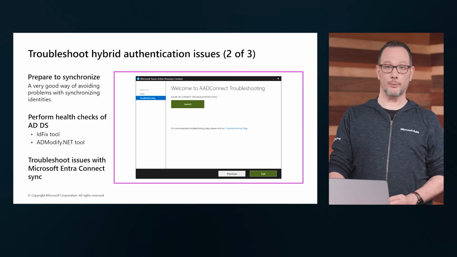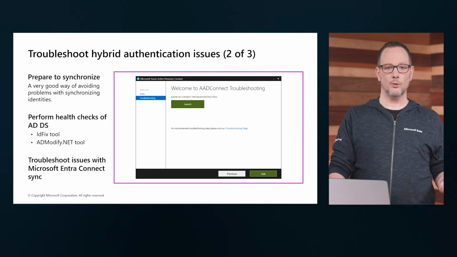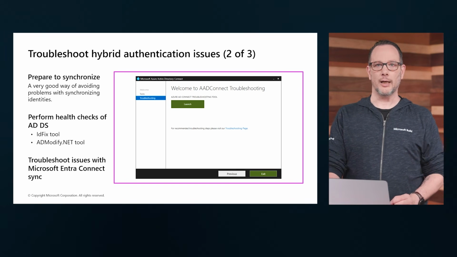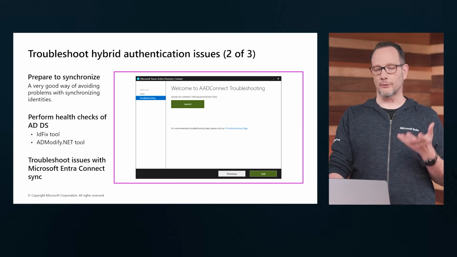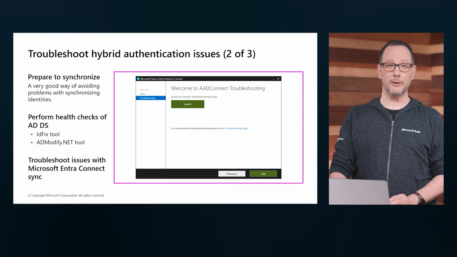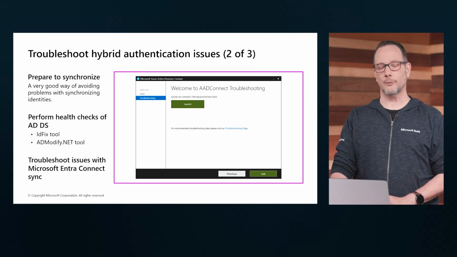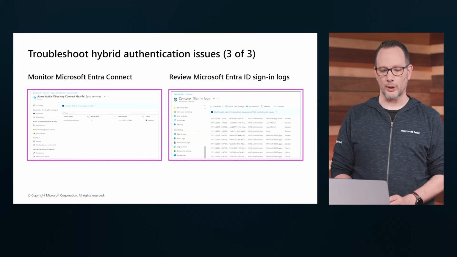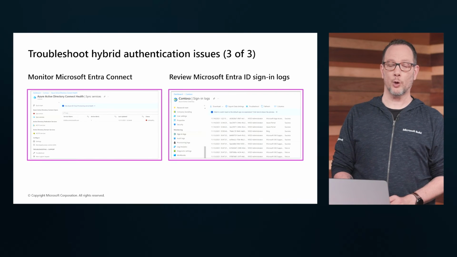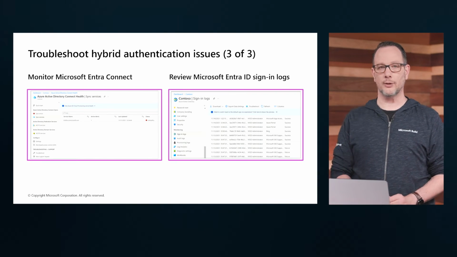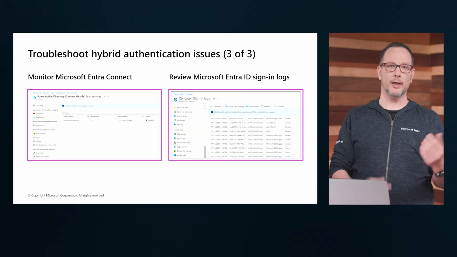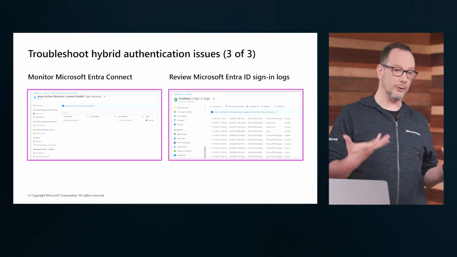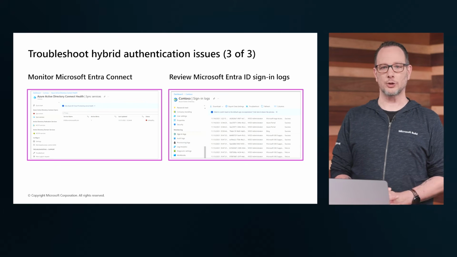and it also comes with some specific troubleshooting options. Once you deploy Entra ID Connect, it's going to watch over the replication of information, and if something goes wrong, it's going to highlight that. By the way, you can see the same from the Entra ID portal itself, where you can dive into Connect Health, and it's going to report that everything's healthy, or maybe that something is not as healthy as it should be.